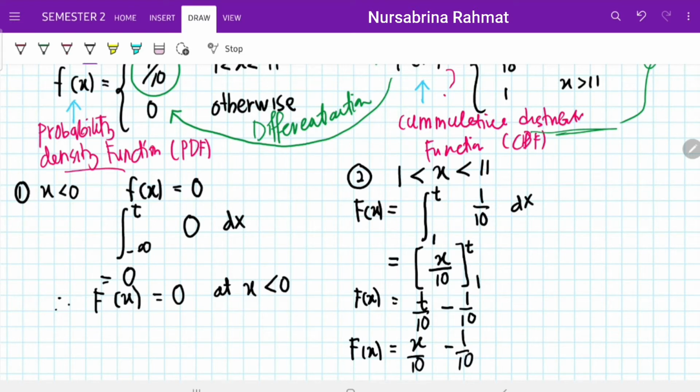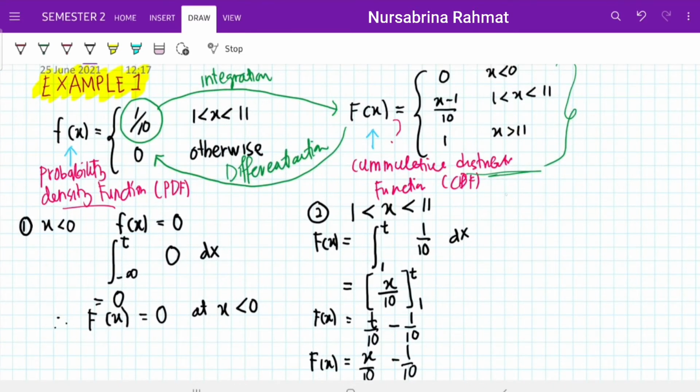Thirdly, we find the cumulative distribution function F(x) for x greater than 11.